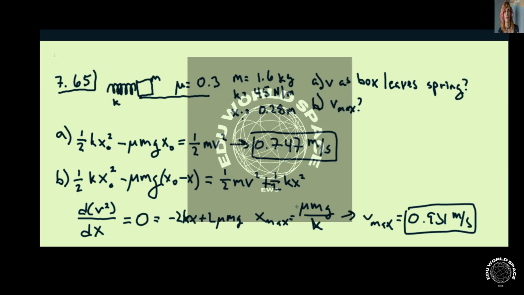Unless the friction goes to 0 or the spring constant is infinite, that's going to be somewhere before it reaches the end. Because recall, x is the amount the spring is compressed, so x max being 0 would mean that the speed is greatest right at the moment when the box is free of the spring.